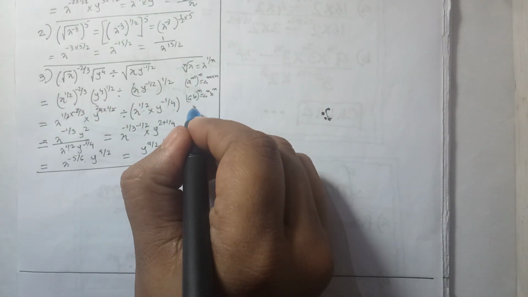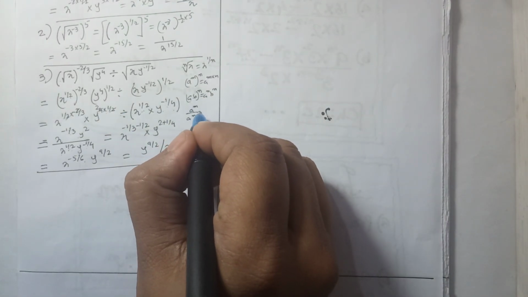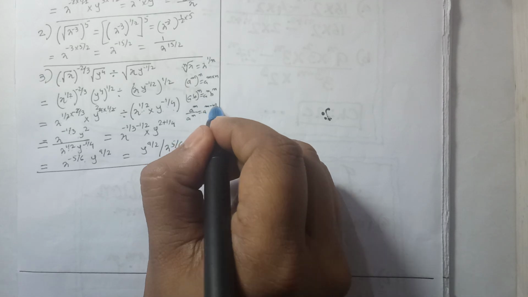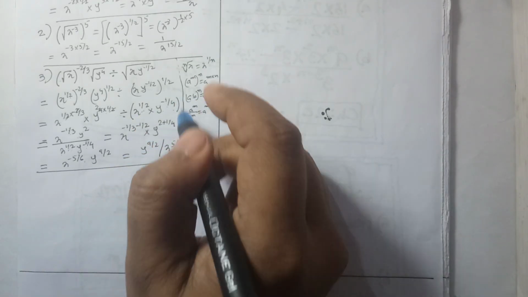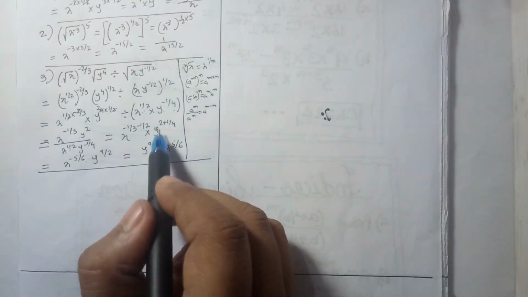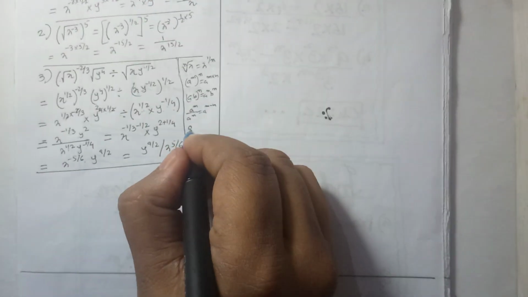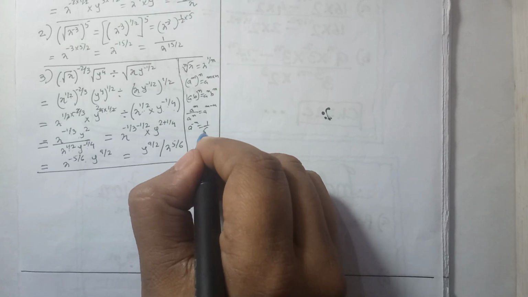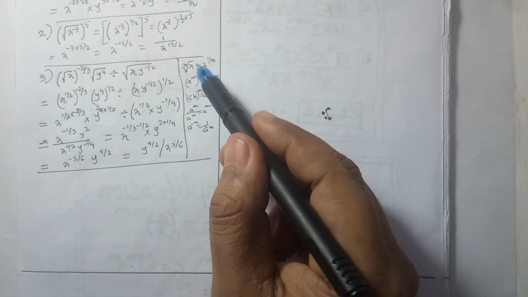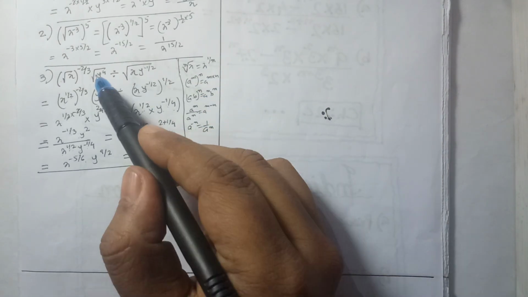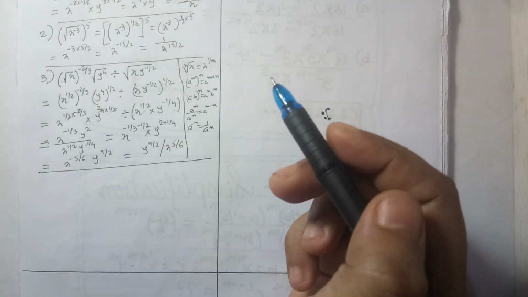That is a to the power of m by a to the power of n is a to the power of m minus n. That's what is done, and then finally I came to the answer. And the last part is a to the power of minus n is 1 by a to the power of n. So see, all the properties I am applying in each and every step.